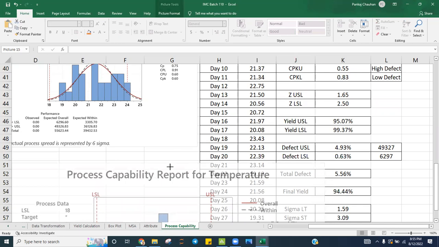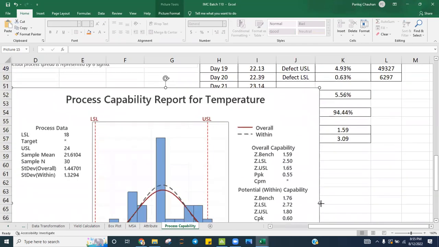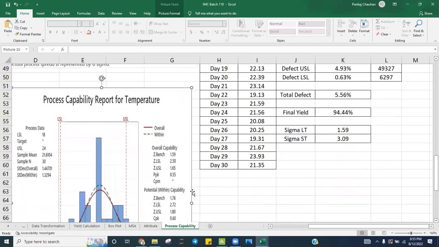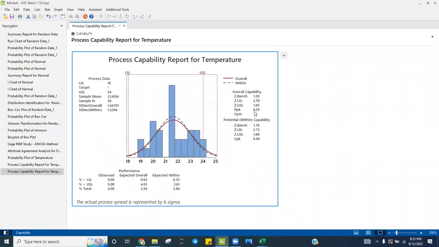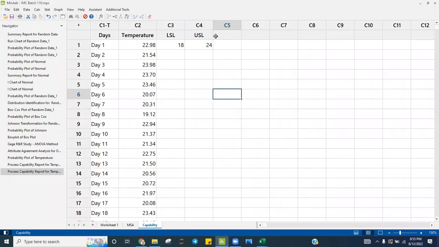Many times you have not normal data. Last time I was telling you, I think last week, individual distribution identification. Remember? Let's generate some not normal data first, and we wanted to find out the capability. So let's say this is your quality. Quality is always one-sided.